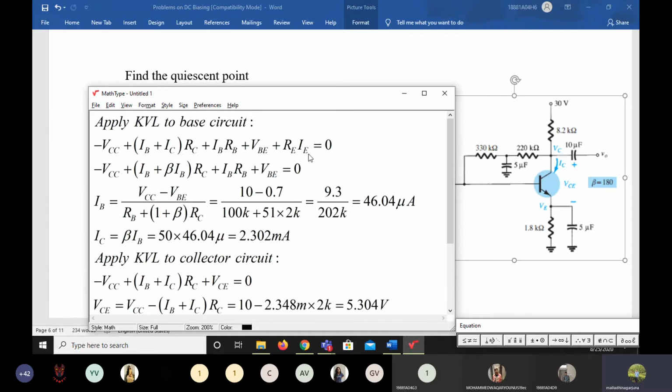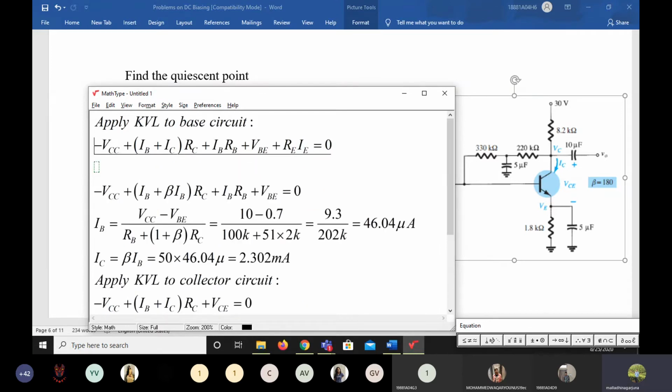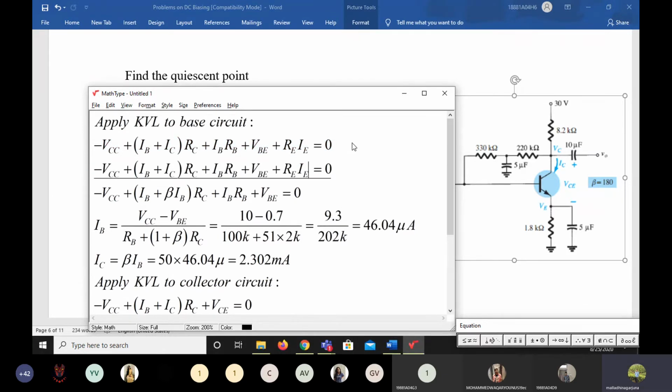So IE is also what? Here I can write one more equation. IE is equal to IB plus IC. Is that right?